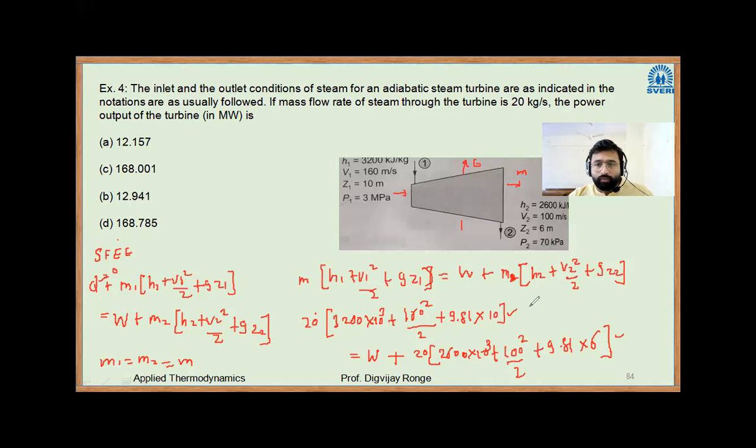Okay, so this one comes out to be 64,257,962. And this one, I'll calculate once again: 20 into in bracket 2600 into 10 to the power 3 plus in bracket 100 square by 2, plus 9.81 into 6.